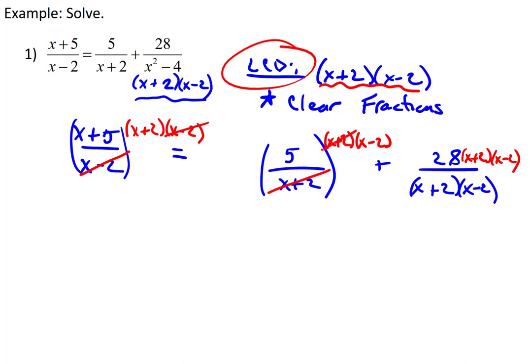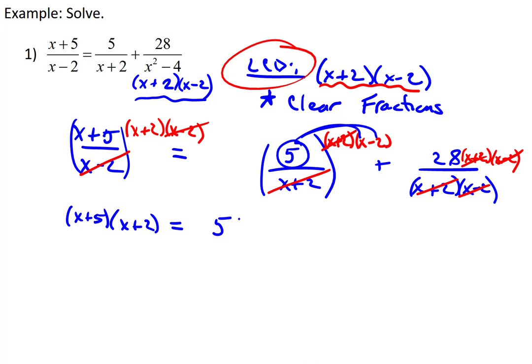And then lastly, all the way to the right, both terms of the denominator, x plus 2 and x minus 2, will cancel with both terms of the LCD. We'll then rewrite whatever's left of this problem, which would include x plus 5 times x plus 2 on the left side of the equation. On the right side, notice we still have this 5 in the numerator, so we're going to keep that, but then distribute it to the terms in the binomial that's after it still.